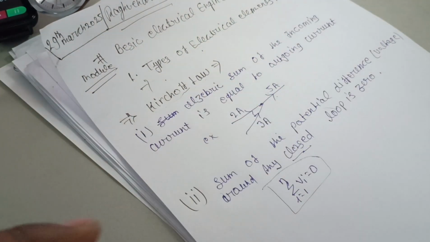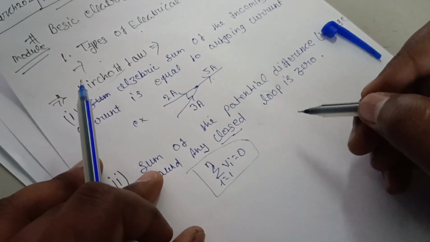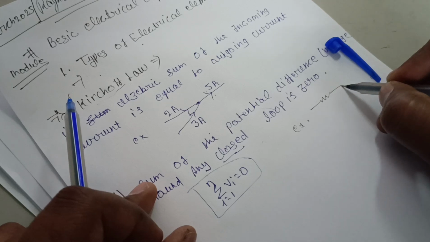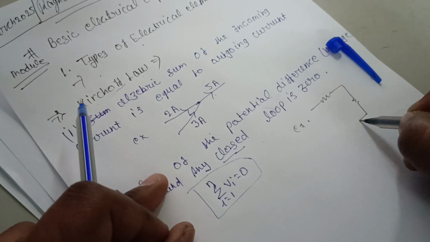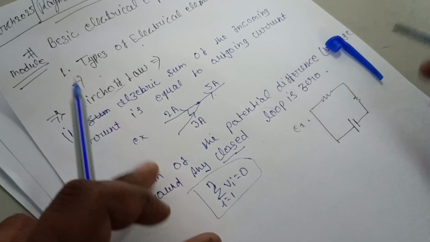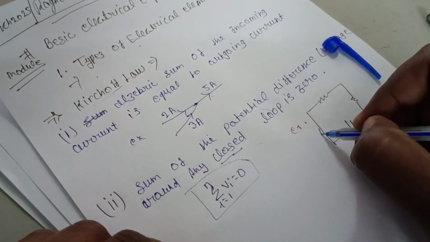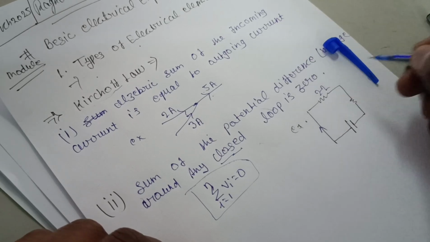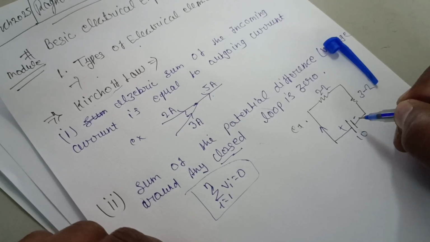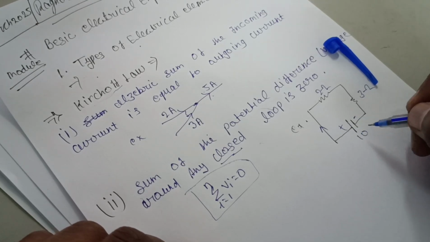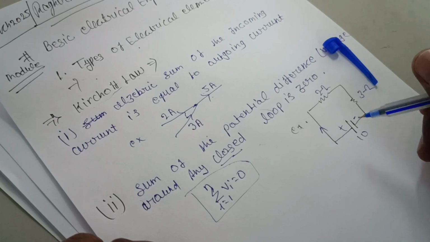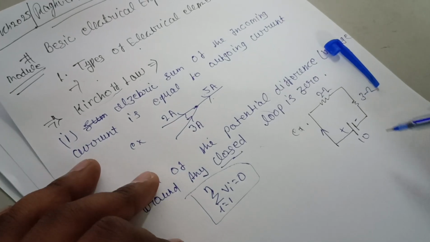Suppose we have an example with a resistance of 2 ohm, a resistance of 3 ohm, and a battery of 10 volt, and current is going through it. This is 2 ohm, this is 3 ohm, this is 10 volt, this is negative, this is positive. This is the symbol of a battery.